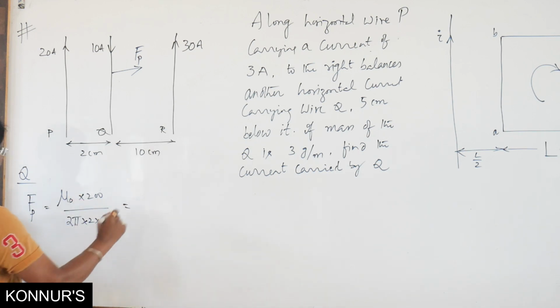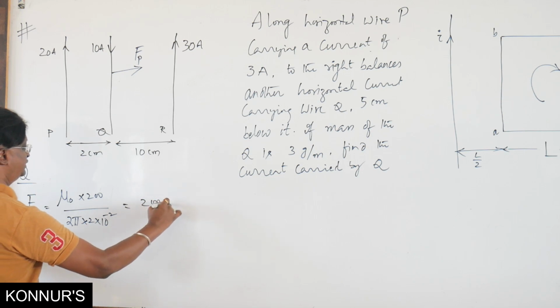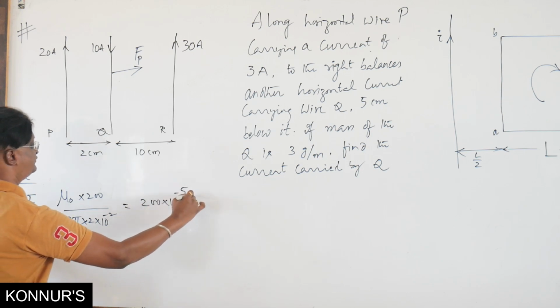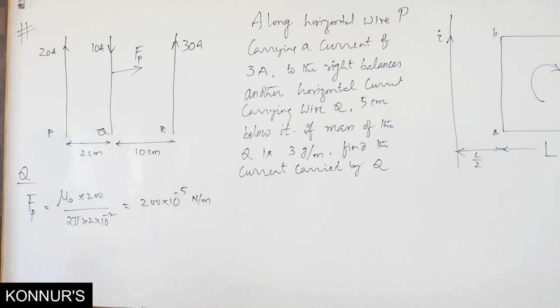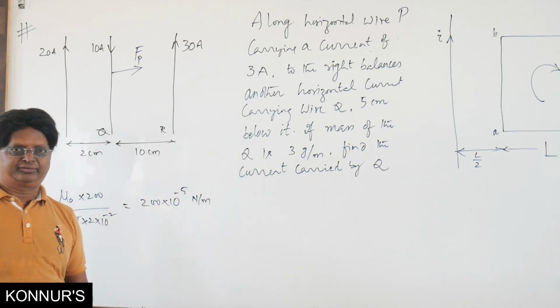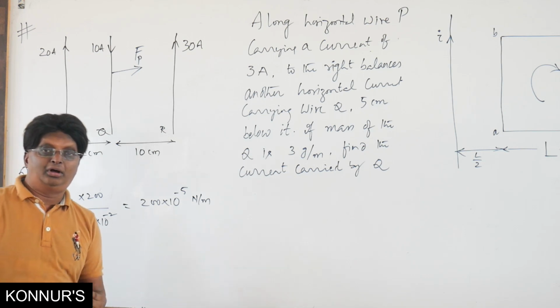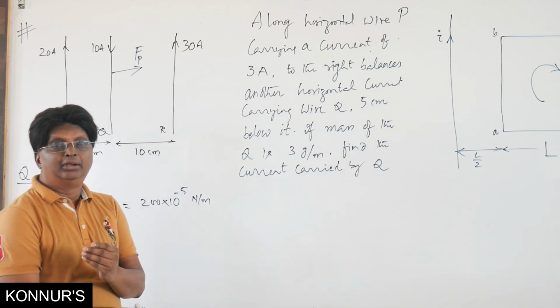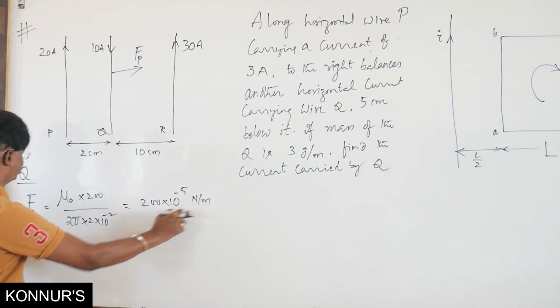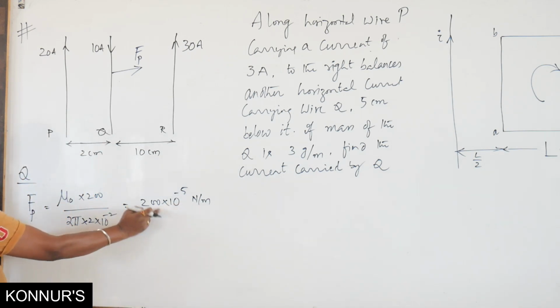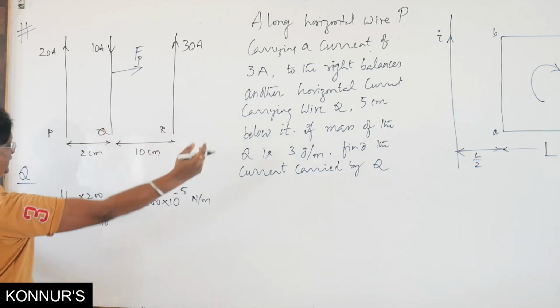Therefore the final answer is 200 into 10 raised to minus 5 Newton per meter. Remember, in most of the cases, we will be finding not the total force on the conductor, but force per unit length, Newton per meter. And what is the direction? It is towards your right hand side.